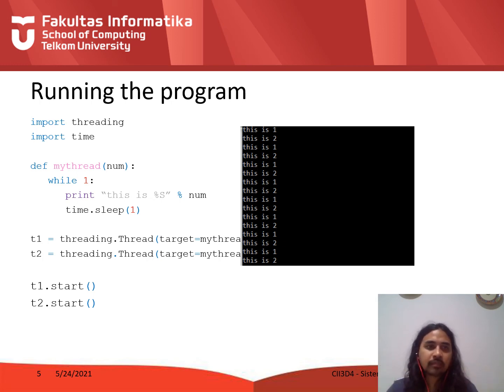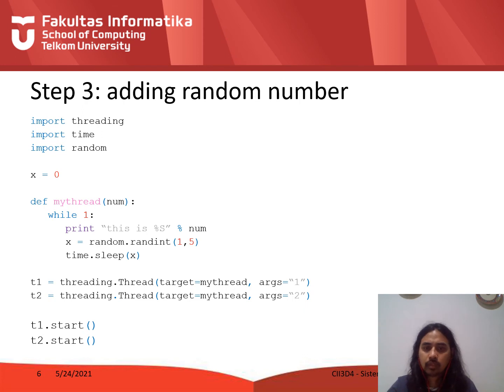To show that 2 can run before 1, we will add a random variable. To add a random number, you need another library called random, so here we import random. To create a random variable inside the loop, we need to declare a variable outside the loop.